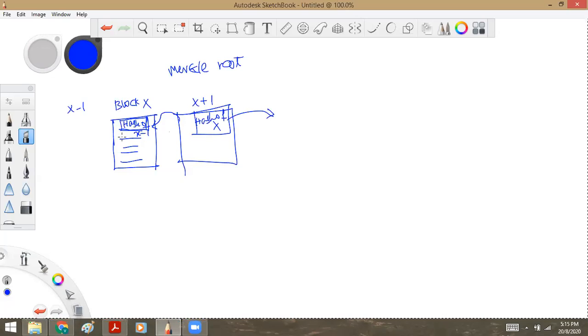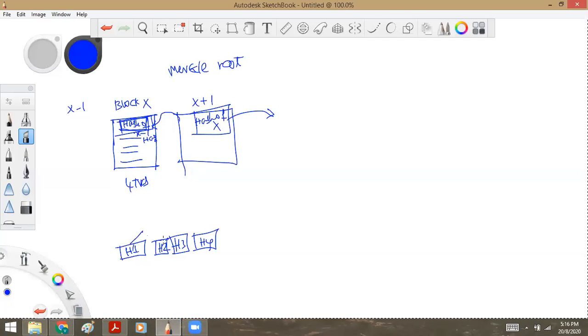Now how is this hash calculated? Every transaction will have a hash value. So now imagine there are 4 transactions in this block. Transaction 1 will have hash value 1, transaction 2 hash 2, transaction 3 hash 3, transaction 4 hash 4.